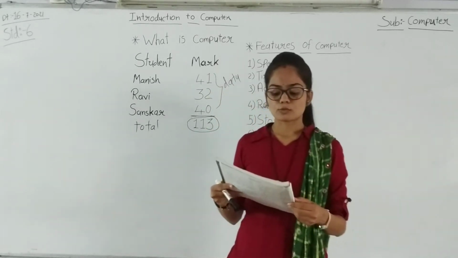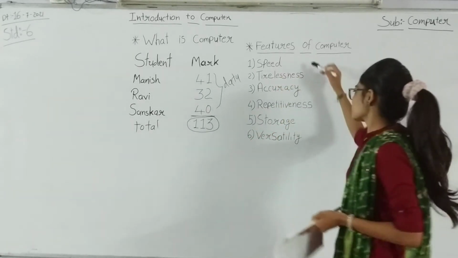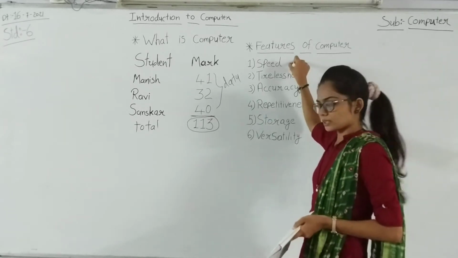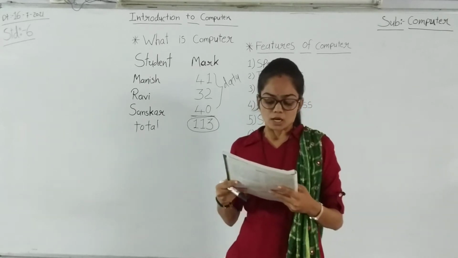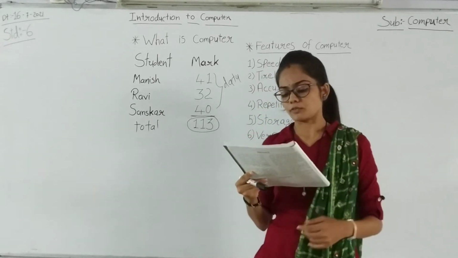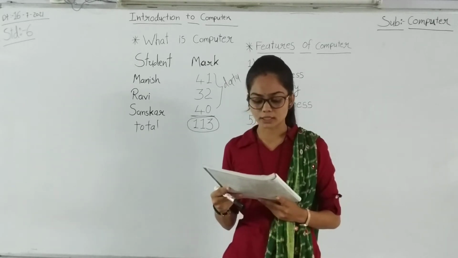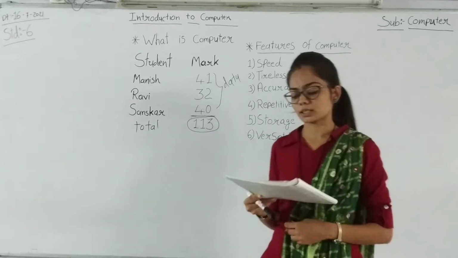In features of a computer, there are mainly 6 features. The first one is speed. A computer has a fantastic speed of processing any task. It can perform even the most complex calculation very quickly.